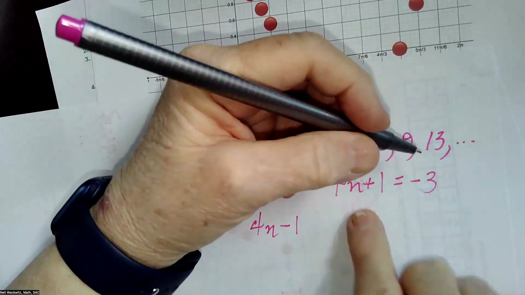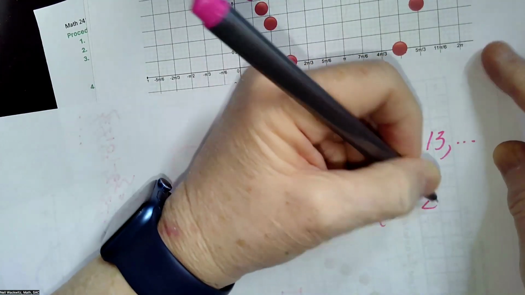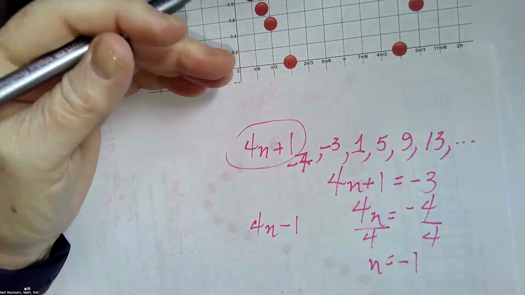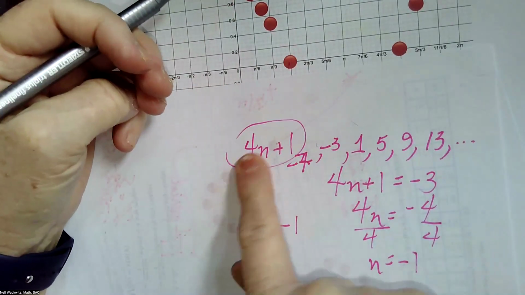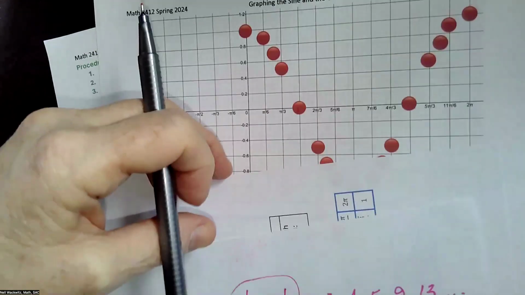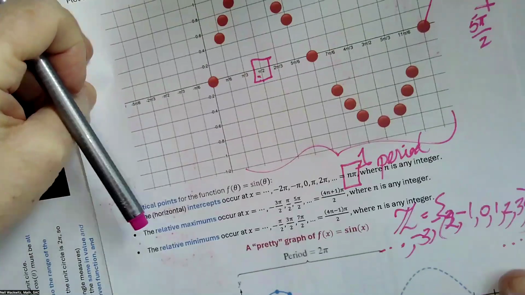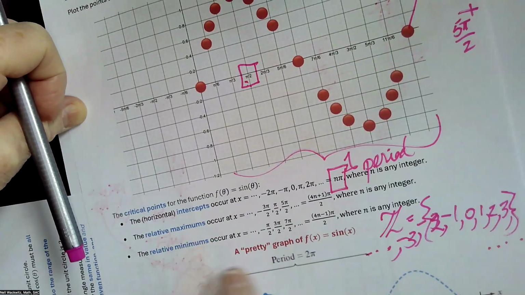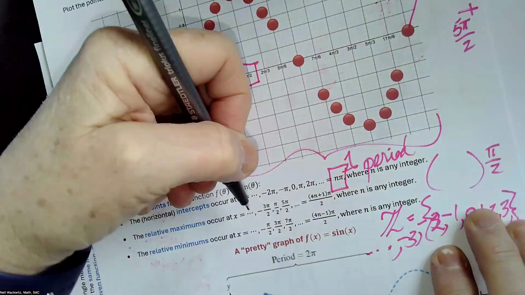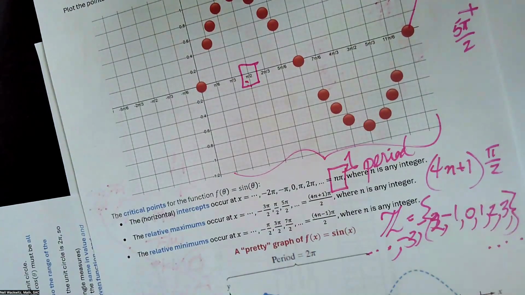Well, let's just see. Let's subtract 1 from both sides. We get 4n is equal to -4, divided by 4. Yay! So when n is -1, 4n plus 1 is -3. And that makes it a little easier to see that every single maximum for the sine occurs when we have an odd number of the form 4n plus 1 times pi over 2.